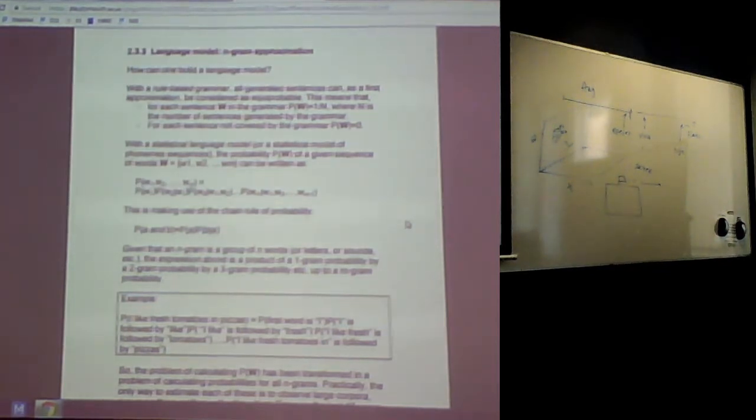let's go straight to this expression here. The probability for a list of words is the probability that you have word 1, multiplied by the probability that you have word 2, given that you just have word 1 before. What's the chance that word 2 follows word 1? And then times the probability that word 3 follows word 1 and word 2.